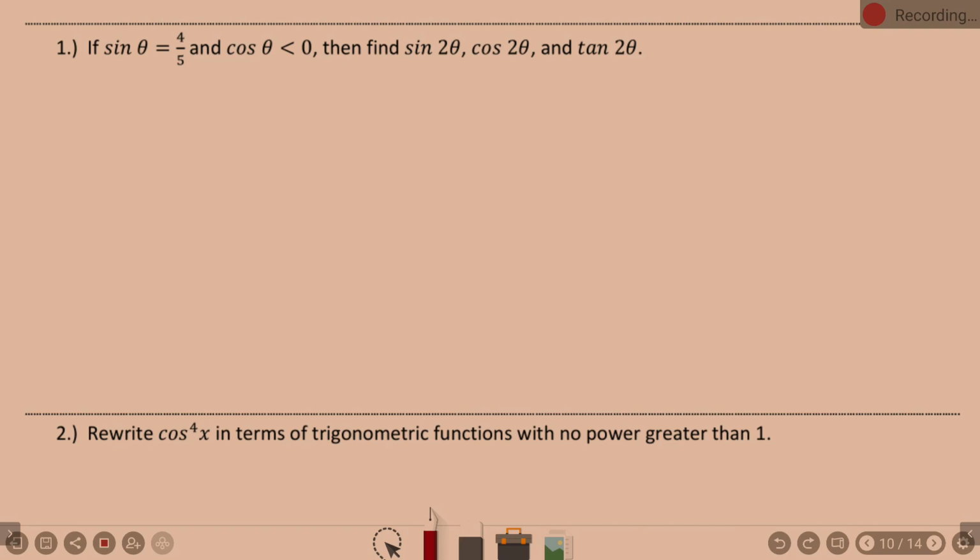Double angle identities. We're going to be using the double angle identities because in order to find sine of 2 theta, we have to look at, what's sine of 2u? What is that equivalent to? Because it's asking us for the 2 theta, this is their way of asking us to practice using the double angle.